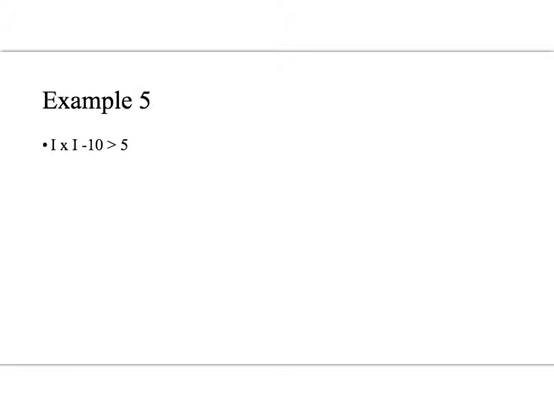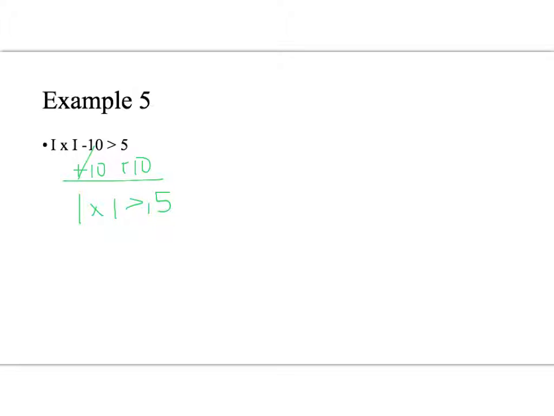Alright, last example. Like when we did absolute values before, you need to get the absolute value bars by themselves first. So I want to go ahead and add this 10. And I'll have the absolute value of x is greater than 15. And then I'll break it apart into two separate inequalities.